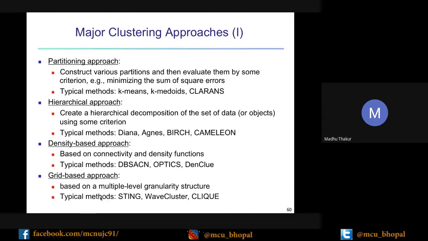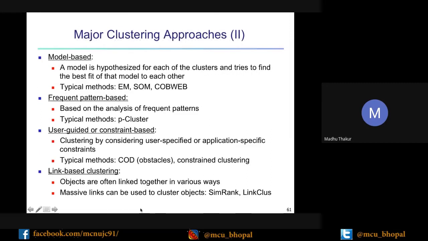When data is sparse, or when you are using multi-level granularity structures, meaning the data is defined at multiple levels, you can use the grid-based approach. So WaveCluster, CLIQUE, and STING are grid-based clustering approaches.